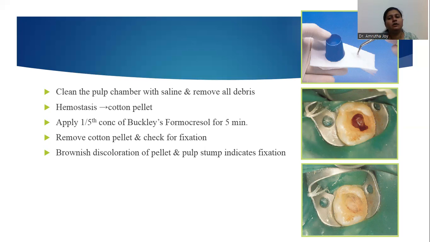After 5 minutes, remove the cotton pellet and check for fixation. The fixed pulp tissue appears dark brown in color.